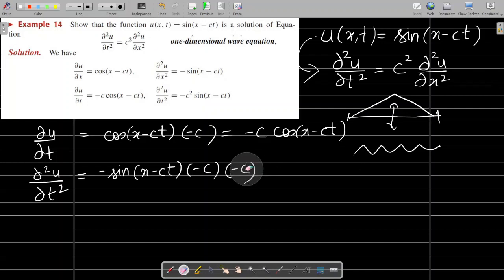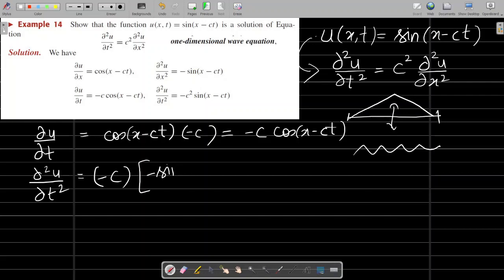So you will be left with −c into the derivative of cos(x − ct), which is −sin(x − ct) into −c. So you have −c² sin(x − ct).